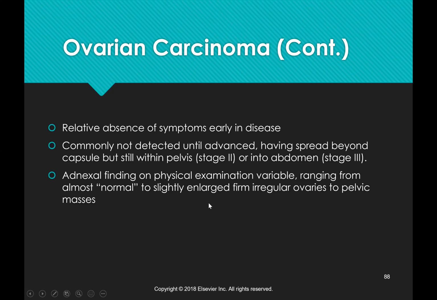Some patients complain of bloating, feeling a little off, and bleeding. Those are some of the clinical symptoms a patient is going to complain about. When they come in for a pelvic exam, sometimes the doctor can't feel anything; it's almost normal to slightly enlarged.